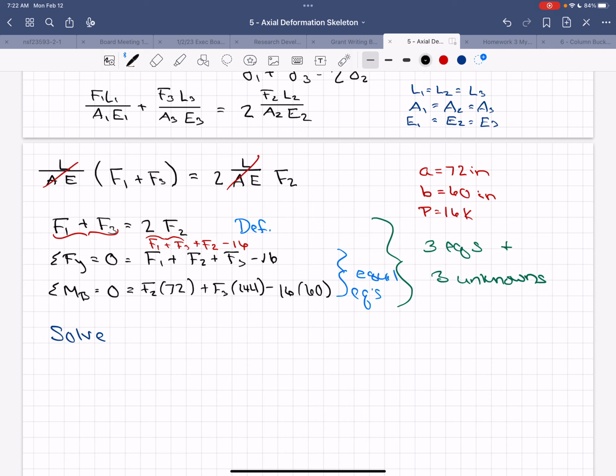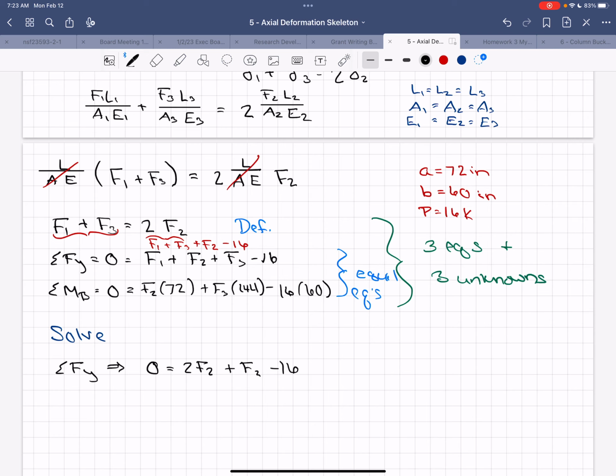So our sum of the forces in the y equation now becomes 0 equals 2F2 plus F2 minus 16.